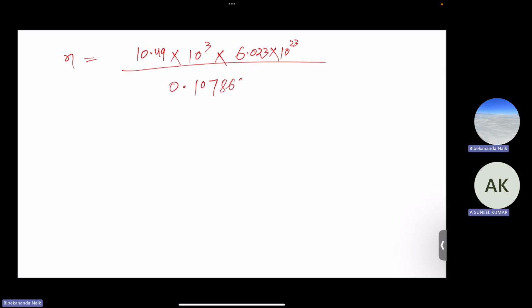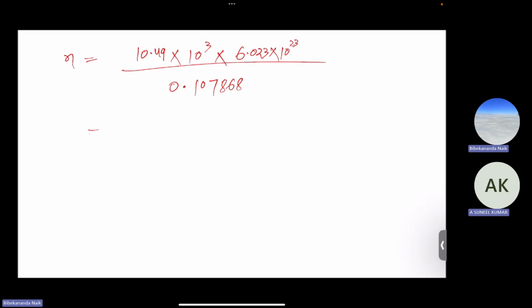So if you calculate the number density, N will be 10.49 into 10 to the power 3 into Avogadro's number 6.023 into 10 to the power 23 divided by the mass 107.868 grams. If you convert it into kilogram, it will be multiplied by 10 to the power minus 3, so 0.107868.